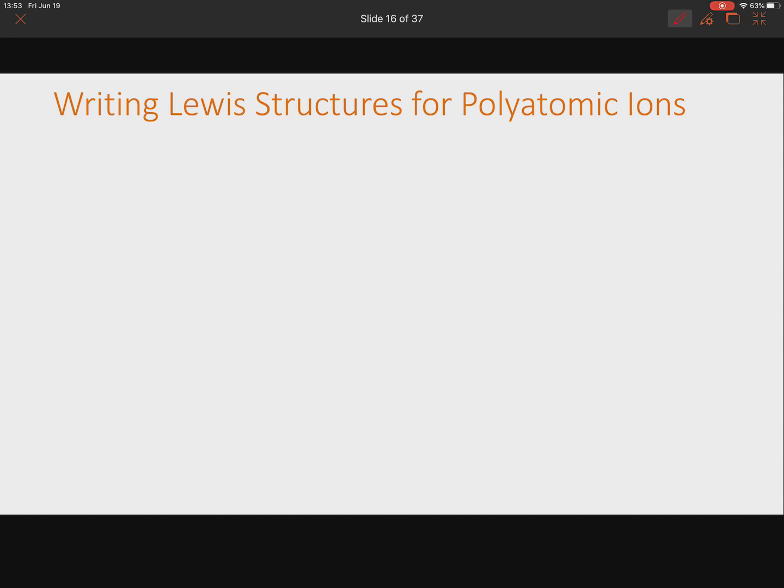All right, before we move on, let's do a couple more examples of some Lewis dot structures. Let's draw the dot structure for carbon monoxide, CO. So, atoms, valence electrons, bonding atoms first, 2, 4, 6, 8, 10.